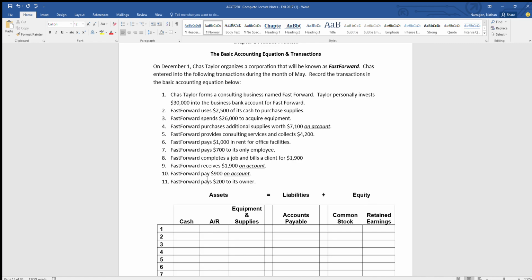Okay, so this practice problem wants you to basically know what kind of equity is going on. So we're going to basically say, is it going to be an asset, is it going to be a liability, or is it going to be an equity?